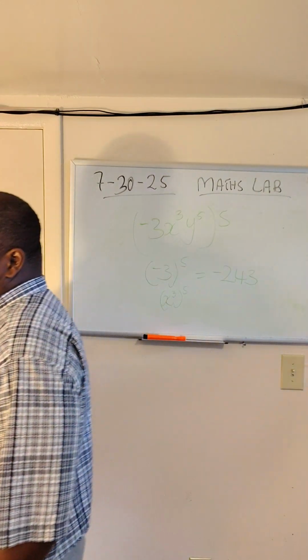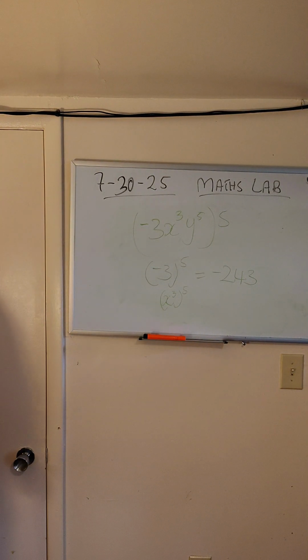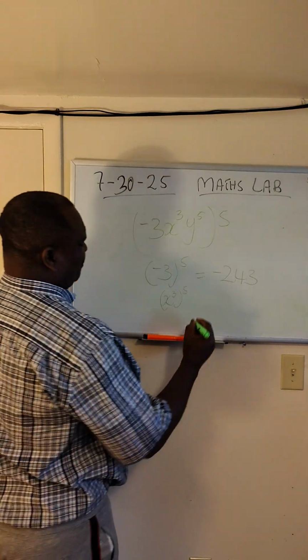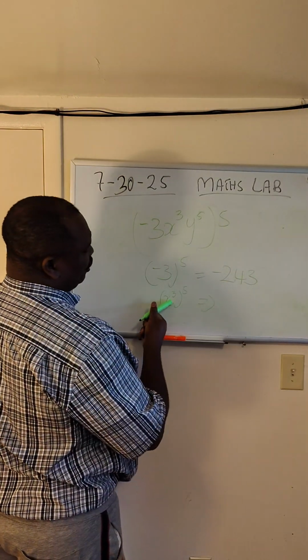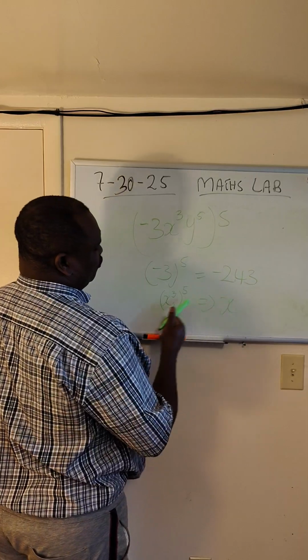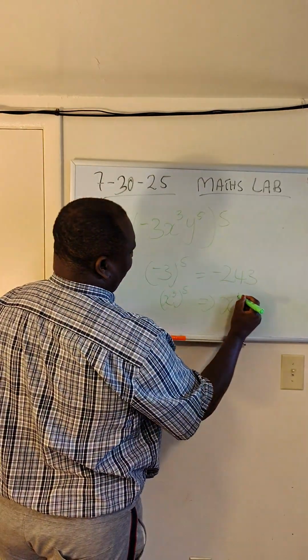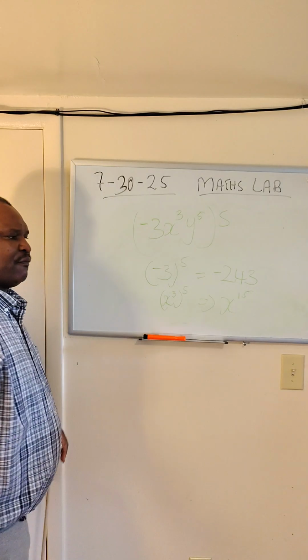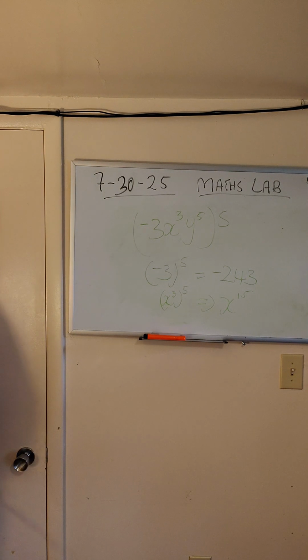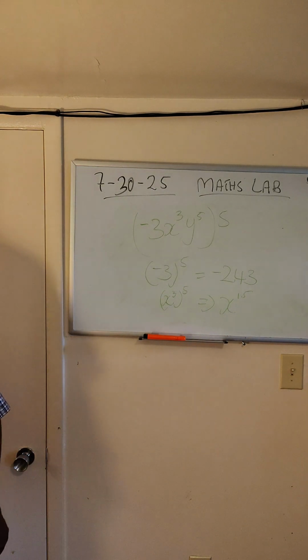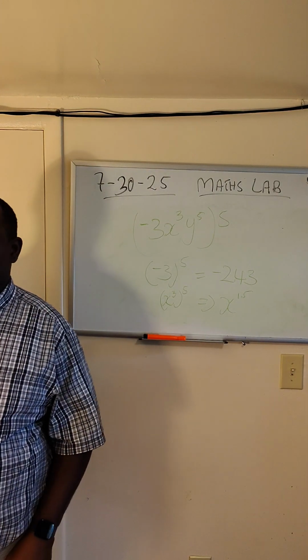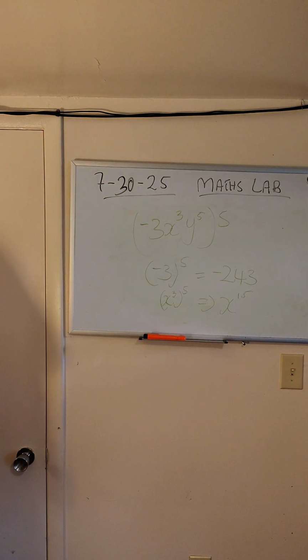We write x the way it is, and we multiply 3 by 5 to get x raised to the power of 15. And so now we have dealt with x.